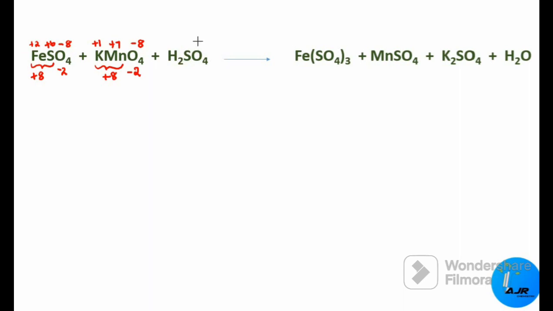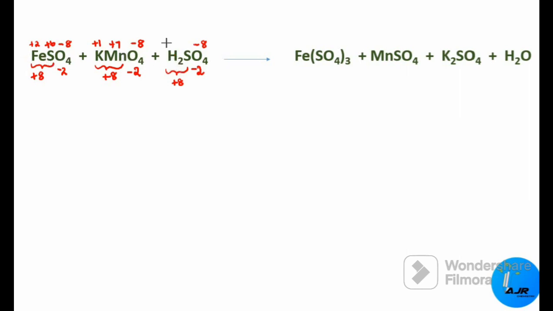How many oxygens are there? There are 4 oxygen. Since the oxidation number of oxygen is minus 2, 4 oxygen atoms make minus 8. Now, since oxygen is having minus 8, the rest of the atoms will be having plus 8. The oxidation number of hydrogen is plus 1.